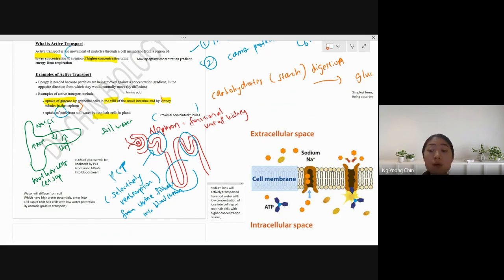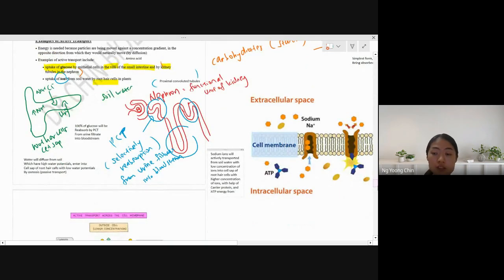Then you can add on with the help of carrier proteins, because it's active transport, right? Carrier proteins and also ATP energy from cellular aerobic respiration.